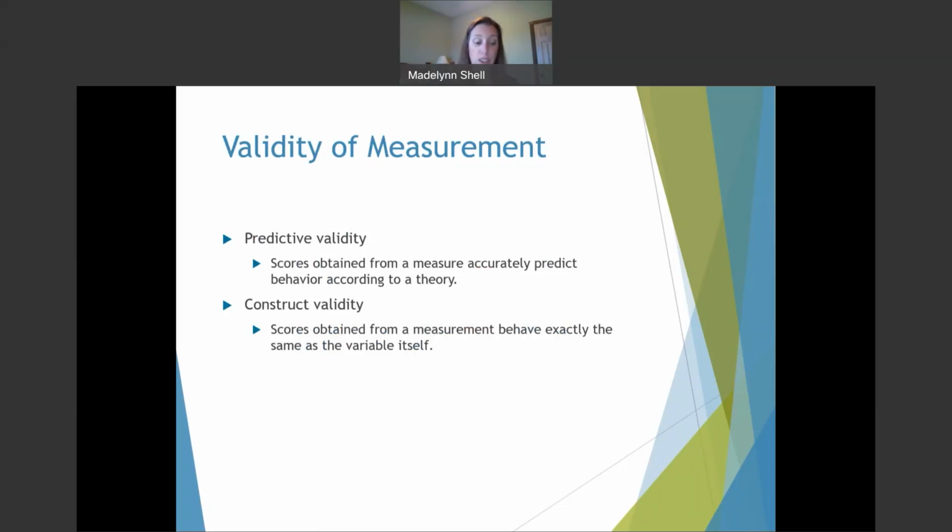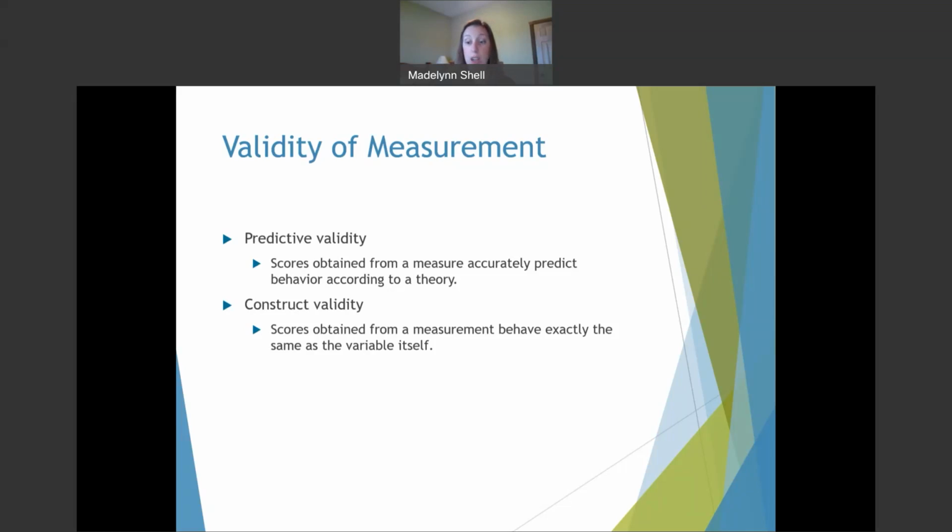Another important one is construct validity. Construct validity measures whether the questionnaire measures what it's theoretically designed to measure. Scores on your test should relate to other constructs in the ways that you would expect.